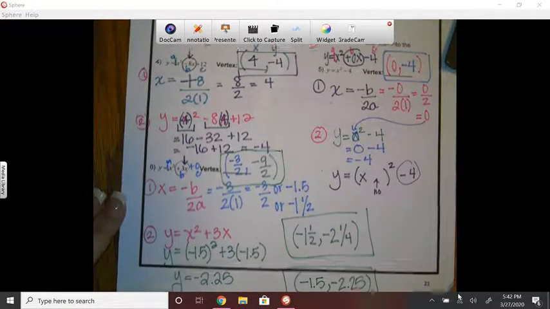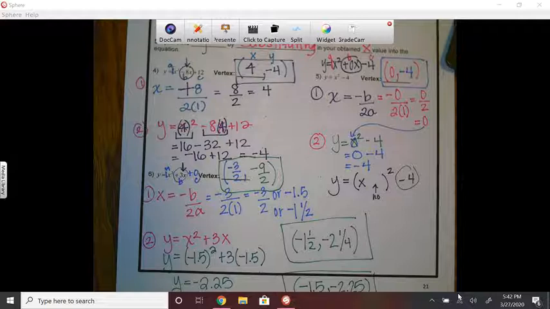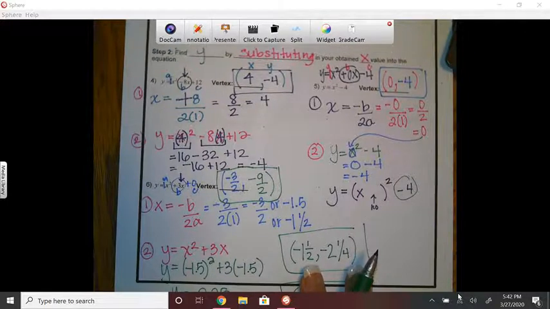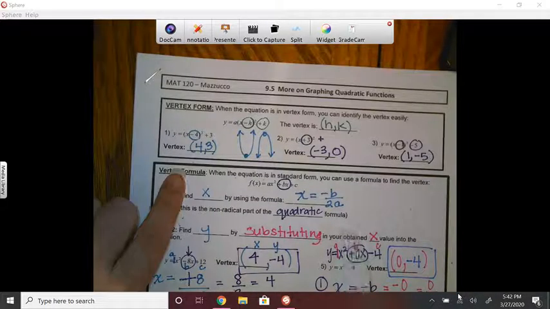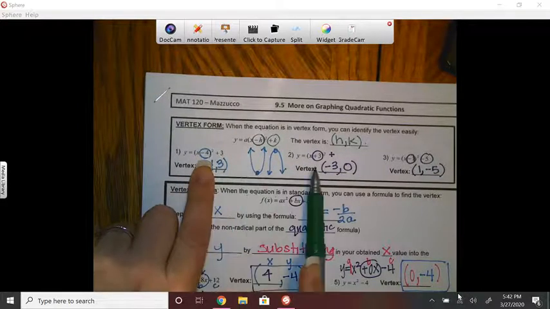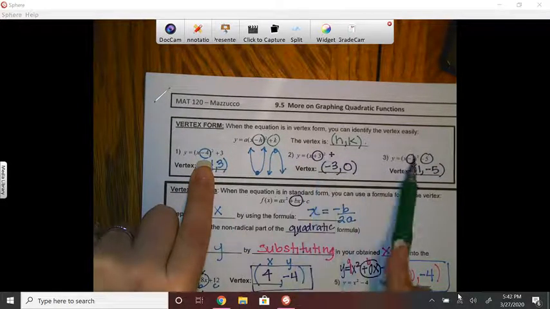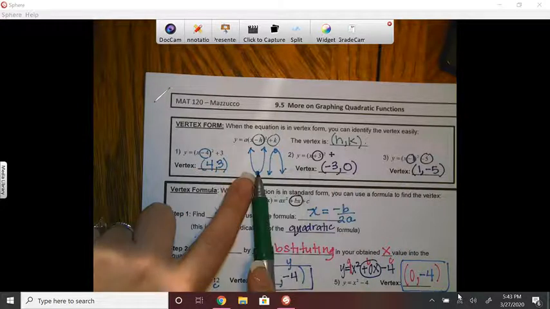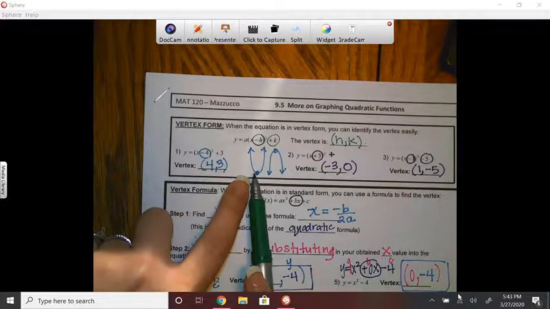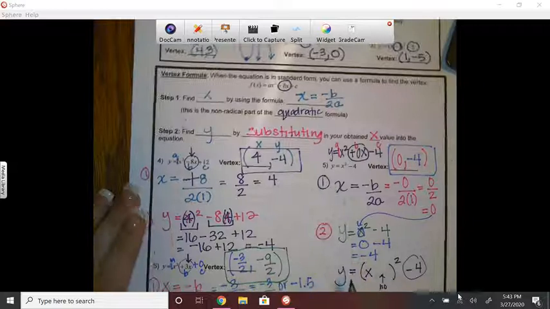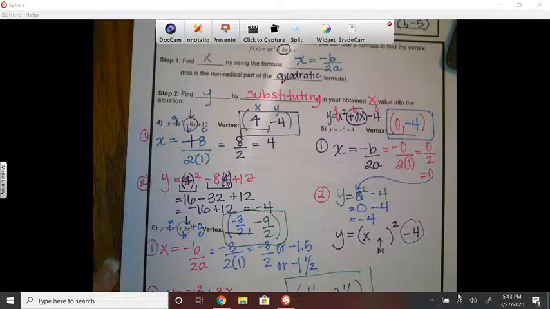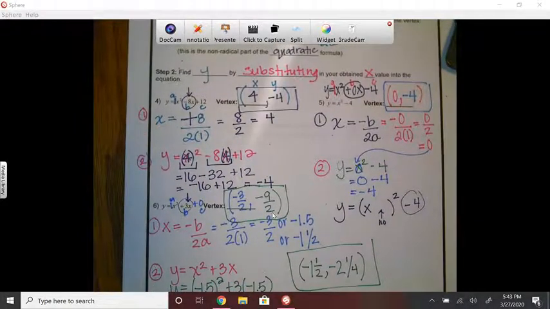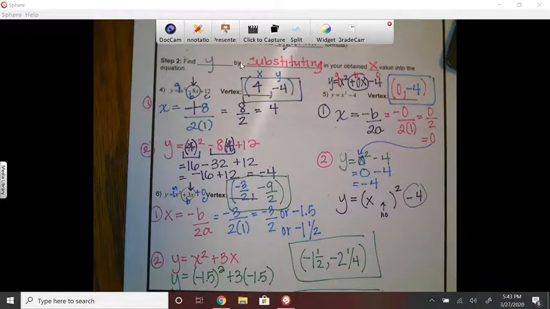So that's how you find the vertex if it is in standard form. Again, we would not have to do any of this work for problems like this because they are in vertex form. You can just look at it and identify that low point or that high point, the max or the min. But on these ones, since they were not in that parenthesis form, the vertex form, we had to show our work to get the vertex.